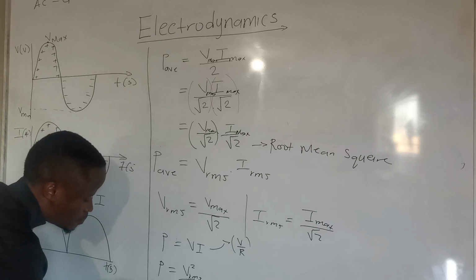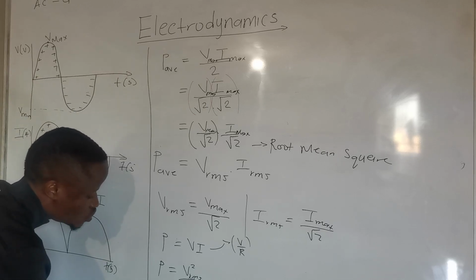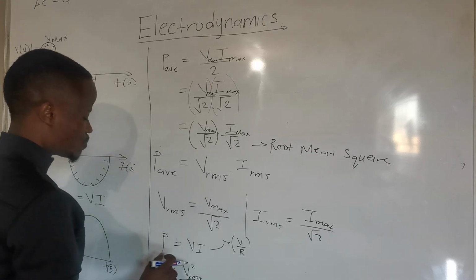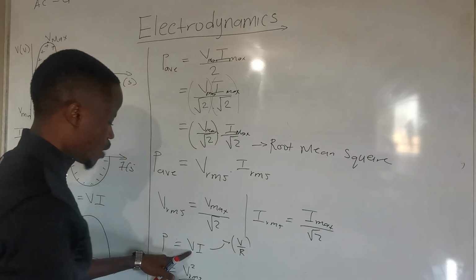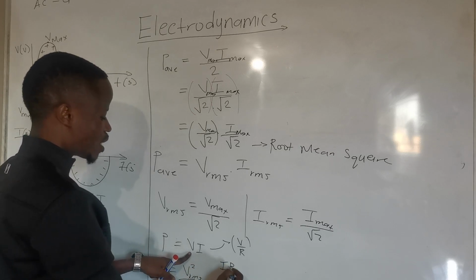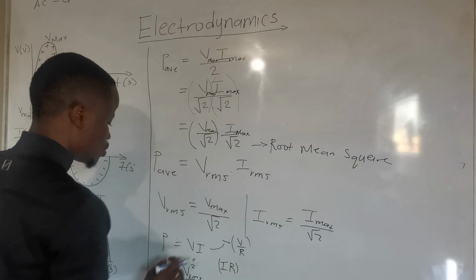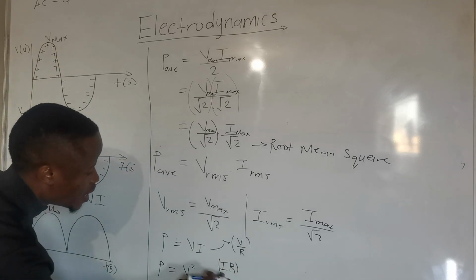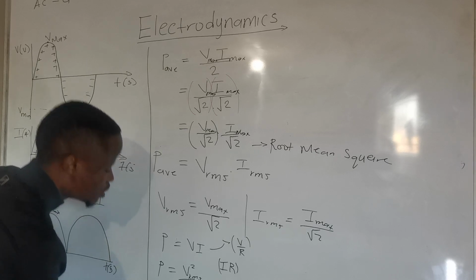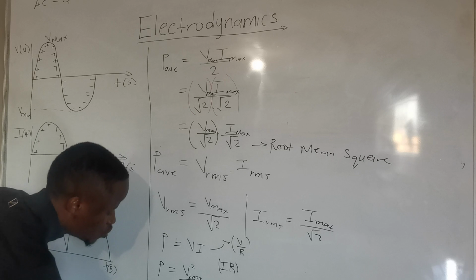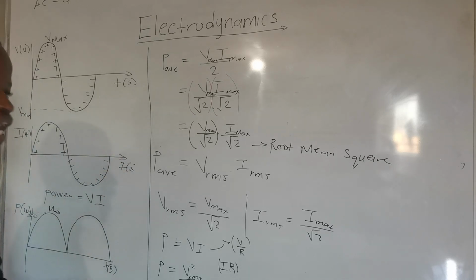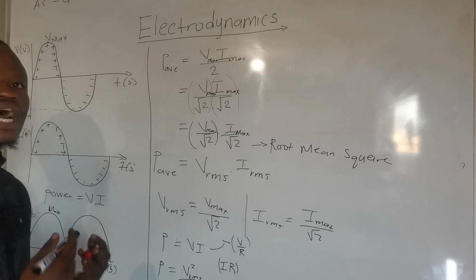Then another one, you have your power is equal to the one which is current. Let us substitute our voltage here as I multiplied by R. We substitute it here. What do we get here? I times I, we will get I squared multiplied by R. Okay, so what I want to show you guys is that in all the formulas for power that you know, where there is I, it is going to be IRMS.